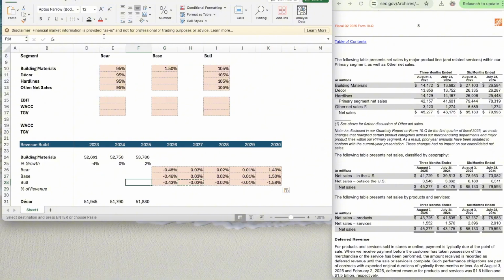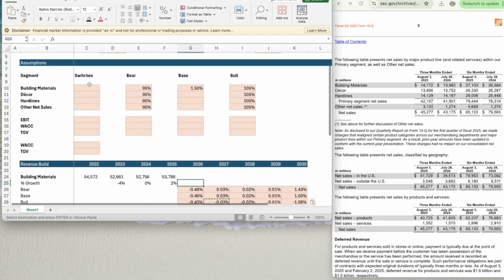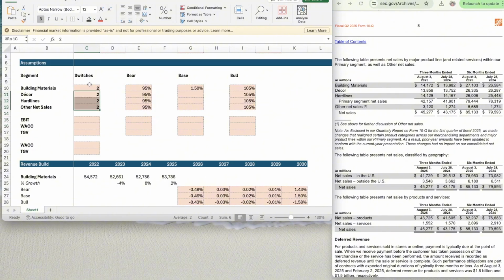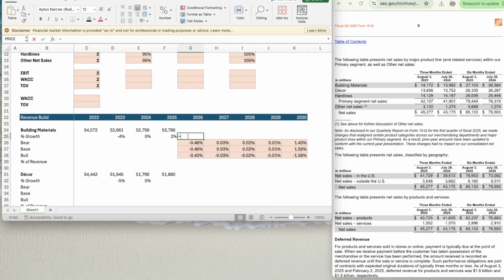And there we're good. Now we put 2 down here, because 2 is the base.